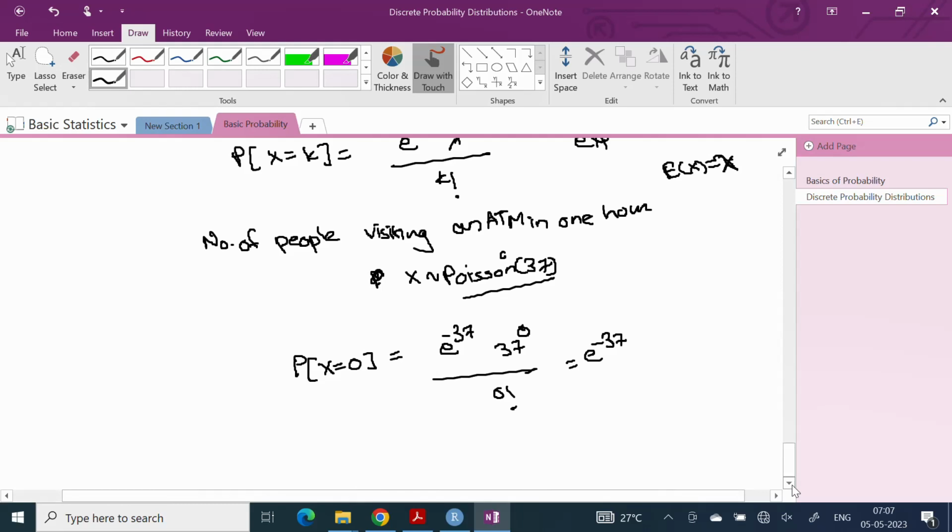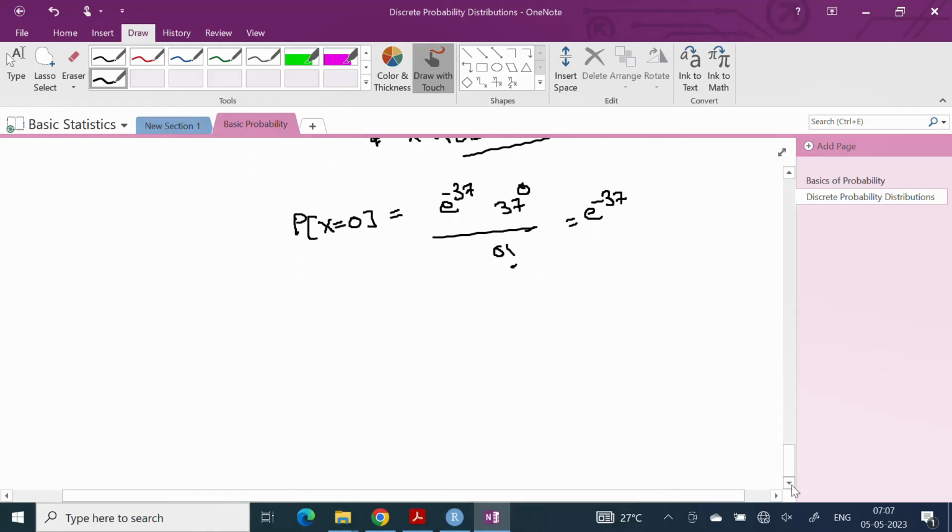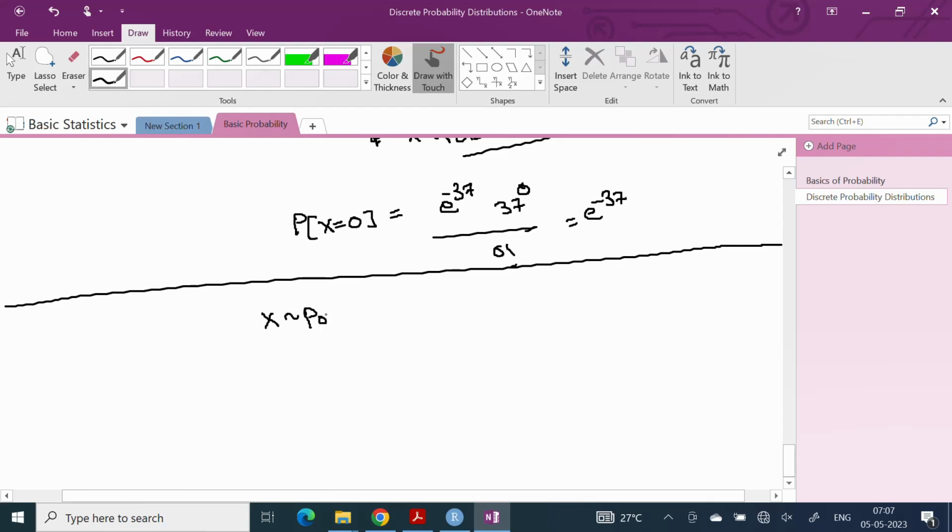Okay. In general, we can compute this for any case. So let me consider an example. Suppose the number of claims received by an insurance company per day has Poisson distribution with mean 7. So we are talking about the number of claims received per day.